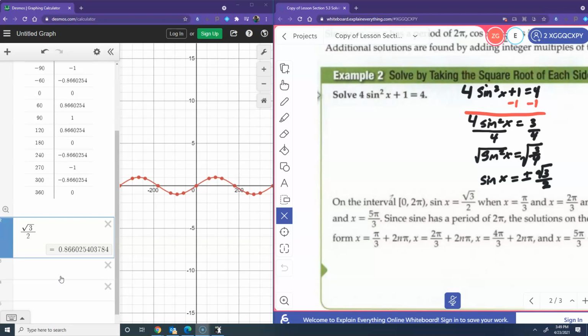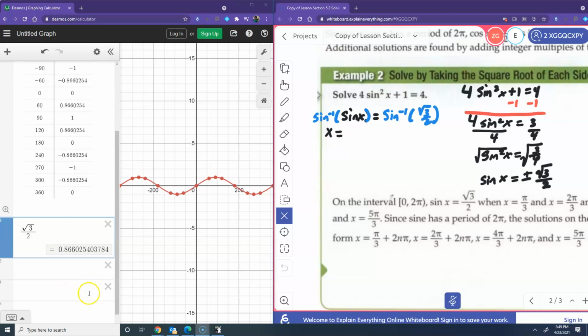So let me, on the side here, I have inverse sine of sine of x is equal to the inverse sine of square root of 3 over 2. And so the question is, when does that occur?